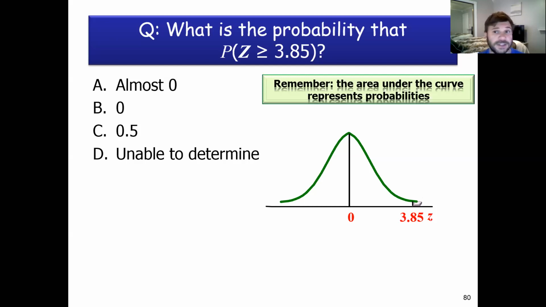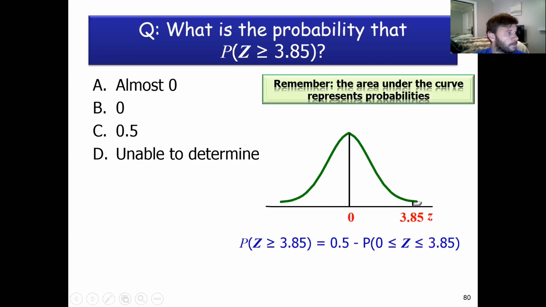Now we're almost 4 standard deviations out, so the area in that upper tail has to be extremely, extremely close to 0. You may be able to go find that table value, but I think you can use your intuition pretty well in this particular situation.